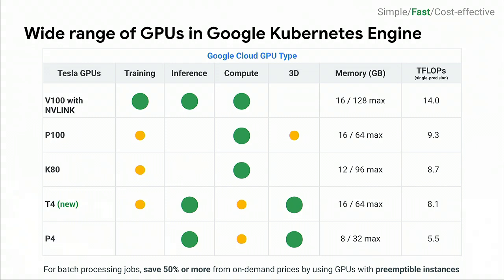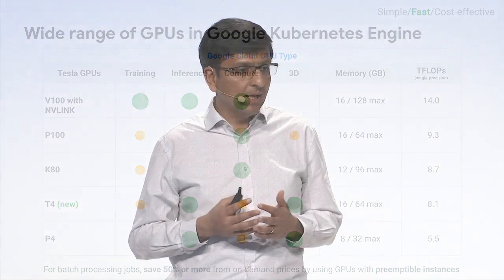We support a wide range of GPUs in Google Kubernetes Engine, and they have a different cost versus performance profile, so you can choose the GPU that best suits your application needs and your budget. You can get started with the Kubernetes GPU K80, which we support, which gives you entry-level performance at the lower cost.